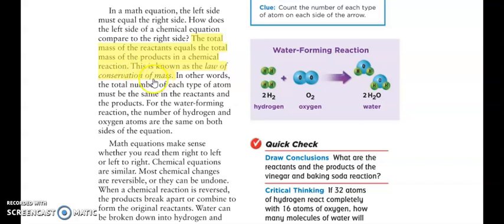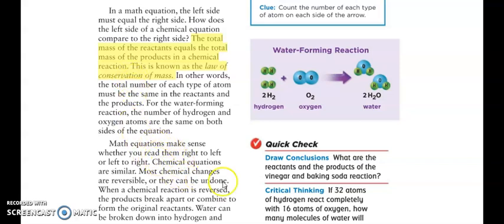In other words, the total number of each type of atom must be the same in the reactants and the products. As an example, you can see here I have 4 atoms of hydrogen and 2 atoms of oxygen in the reactants. In the products, let us see, we have 1, 2, 3, and 4 atoms of hydrogen. Also, I have 2 atoms of oxygen. That's an example of the conservation of mass in a chemical reaction.